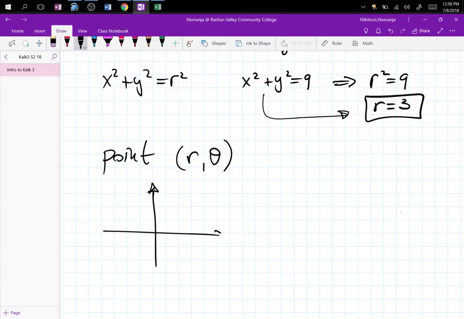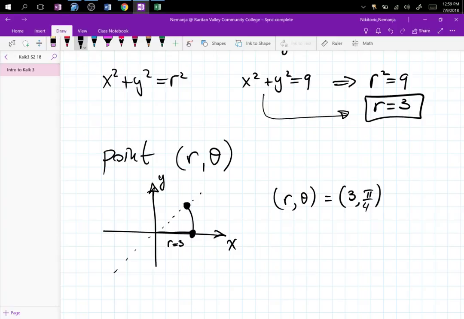If you want to graph (r, theta) equal to, let's say, (3, pi over 4), the way you do it is you stretch the radius to 3 first, and then you swing that to the pi over 4 area. And that's your point (3, pi over 4).